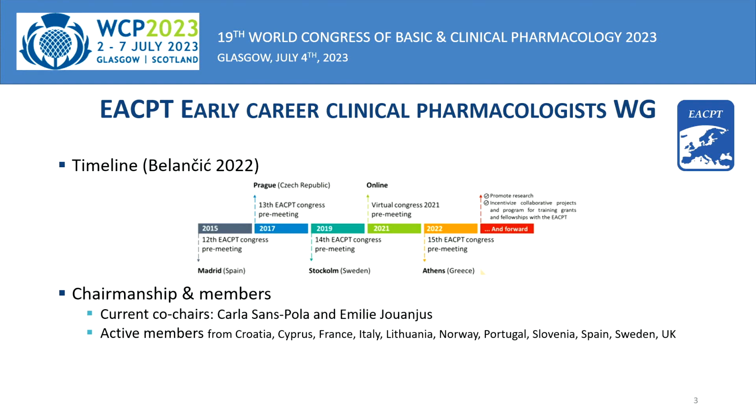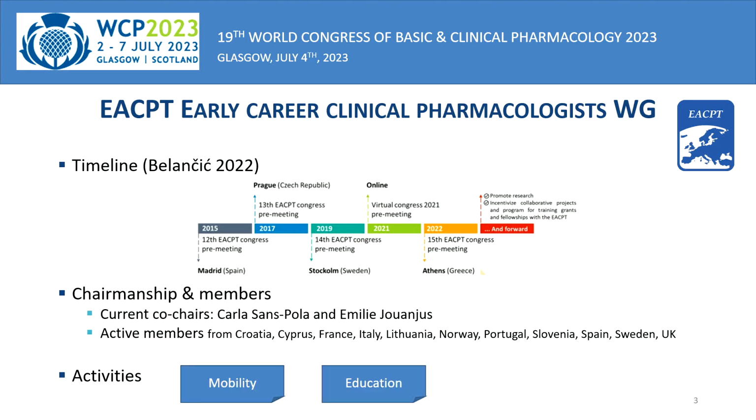I co-chair this working group with Carla Sanspolda from Spain. Currently, we are between 15 and 20 active members from all over Europe, including from countries outside of the European Union, such as the UK. Our activities can be summarized by 3 cornerstones: mobility, education, and research.